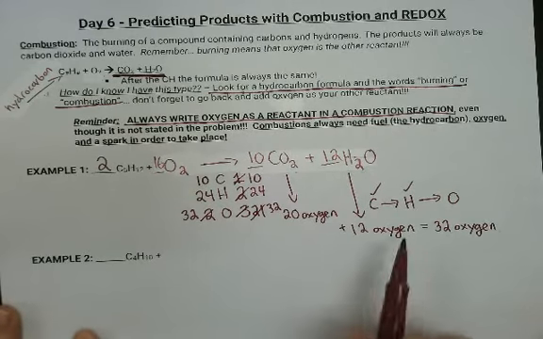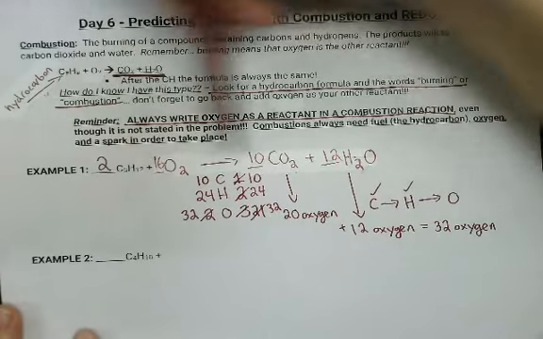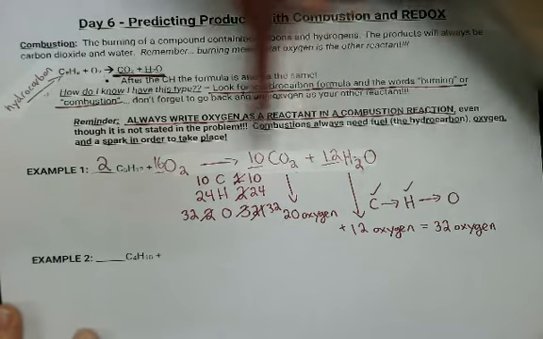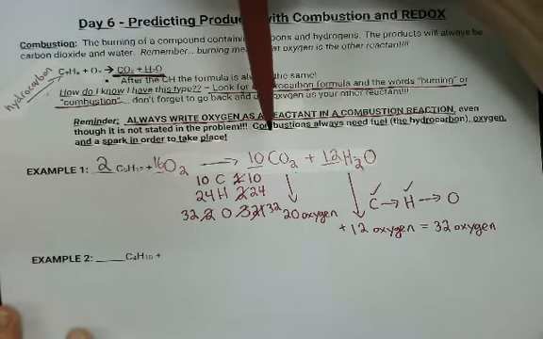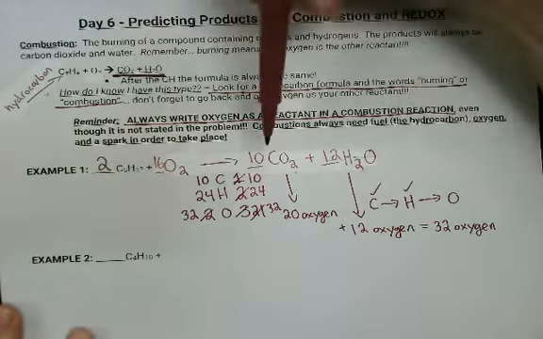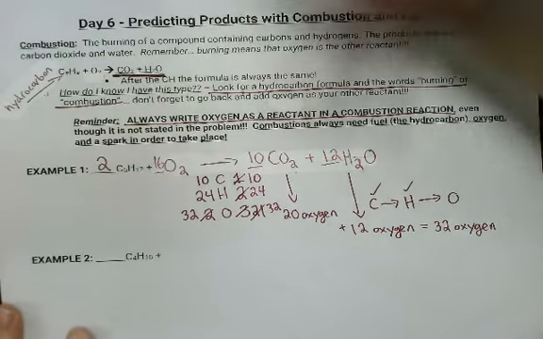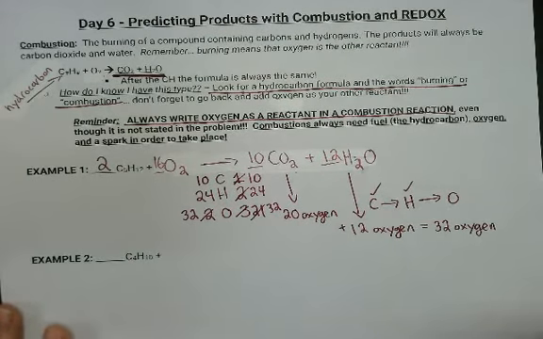We are now fully balanced, but the last thing I want to do is reduce. So I see that all of my coefficients in this combustion reaction can be divided by 2. If all of your coefficients are even, can be divided by 2, you need to do that. You need to go ahead and reduce.